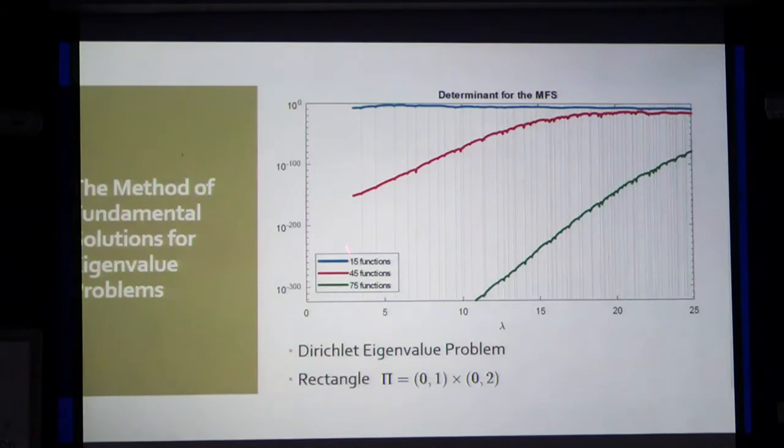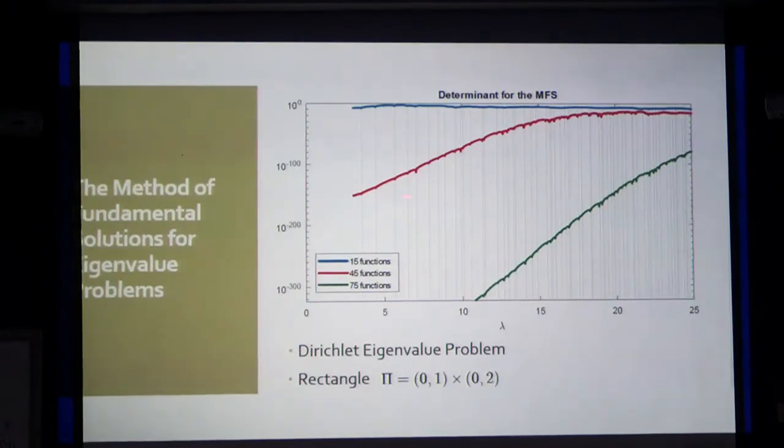Here the eigenvalues are shown with these gray lines, and you can see that for 15 functions it's not so easy to check the occurrence of the eigenvalues. So you need to increase the number of functions, which in this second case, the red curve, is 45, in order to find the eigenvalues with a better opportunity not to miss any of them.